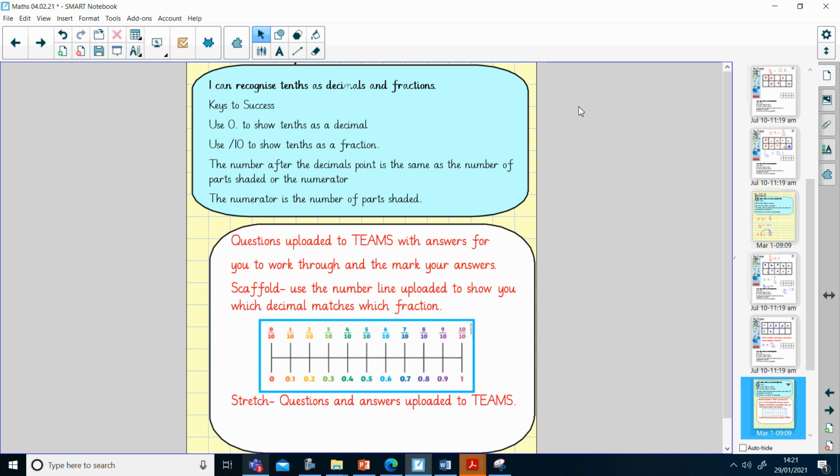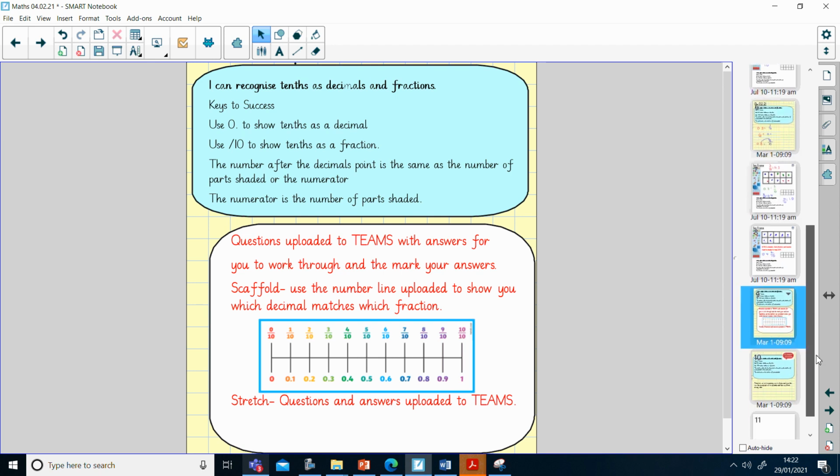The questions you complete are going to be the same, but you can use the number line to show you which decimal matches the fraction as a little reminder. So on my number line, you can see 4/10 is equivalent to 0.4. That will just give you a reminder and help you with some of those questions if you need it. There are also some stretch questions and answers uploaded into the same folder on Teams as well. So you can have a go at the questions and then you can mark your work.